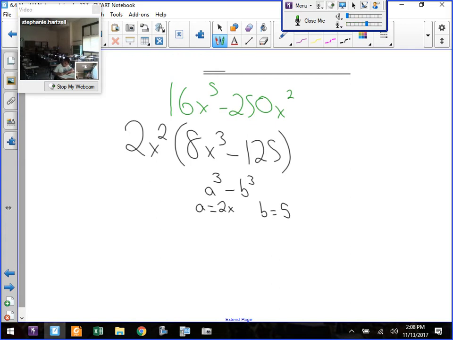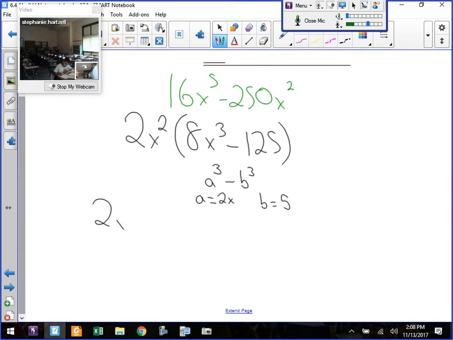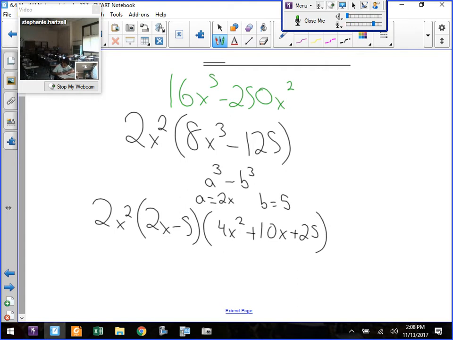Okay. So if I go through this, then I have 2x squared, the quantity 2x minus 5, then I have 4x squared plus 10x plus 25. And what I'm doing is I'm just following my patterns.